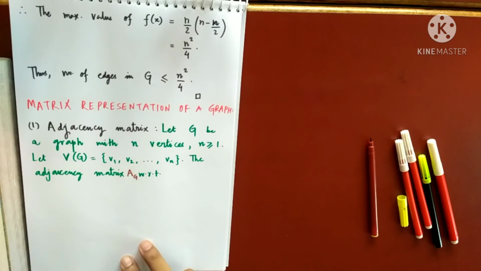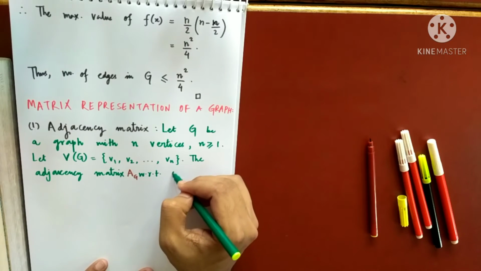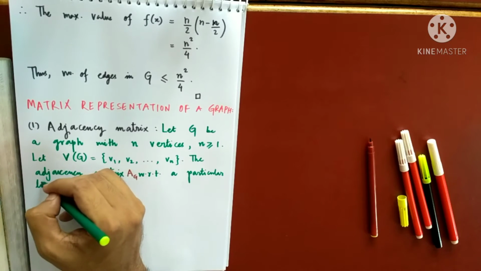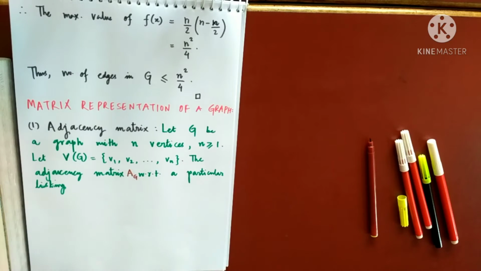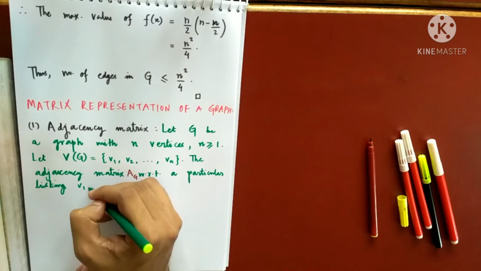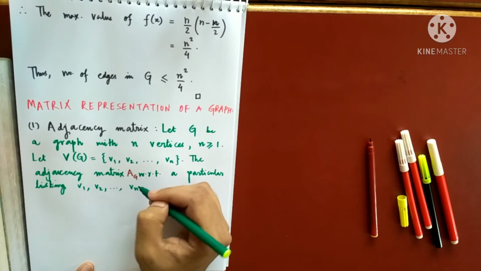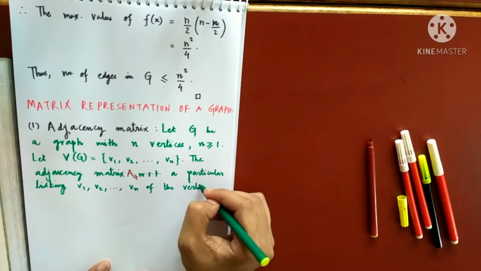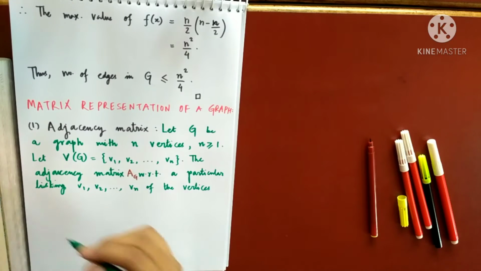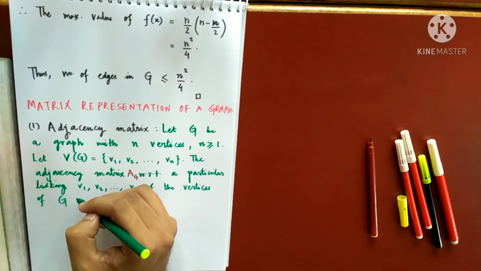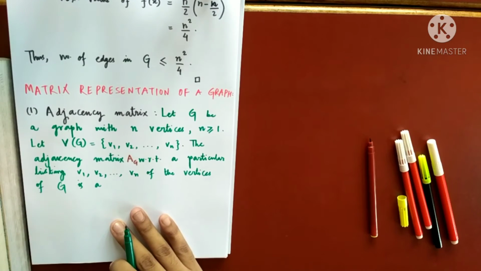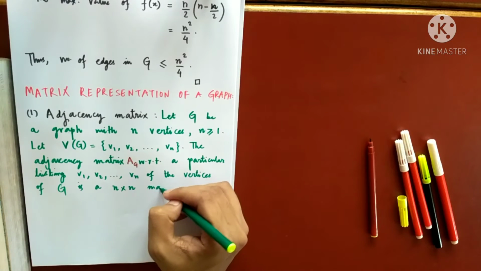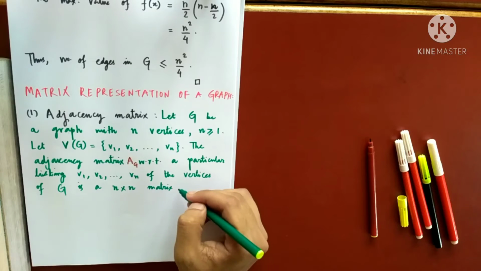So the adjacency matrix A_G with respect to a particular listing v1, v2, up to vn of the vertices of G is an n cross n matrix (a_ij).